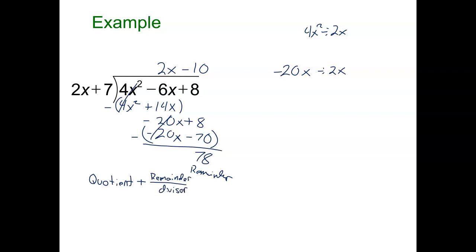That's how mixed numbers are written. So we're doing the same thing with polynomials. I'm taking the quotient, which is 2x minus 10, and then adding it to my remainder over the divisor, which is 2x plus 7.